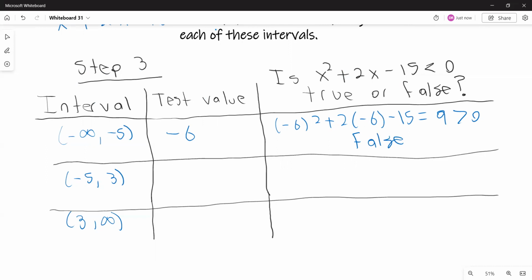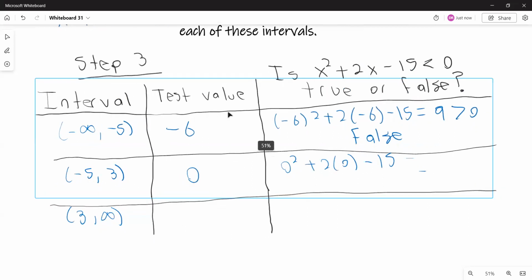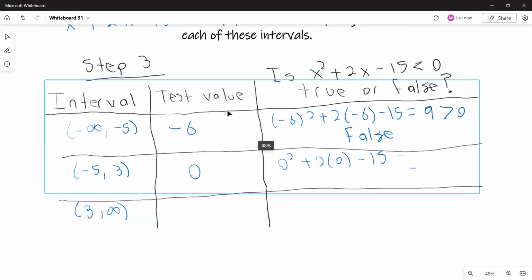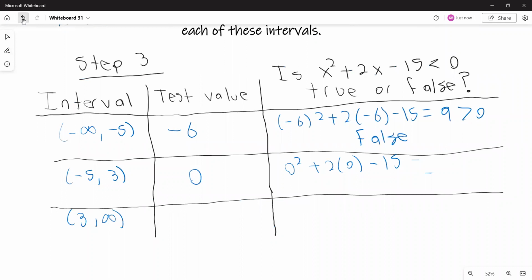Between -5 and 3, the easiest value I can think of is 0, the easiest to evaluate. So this is 0 squared plus 2 times 0 minus 15, which is going to be -15, which is negative, so that is true.